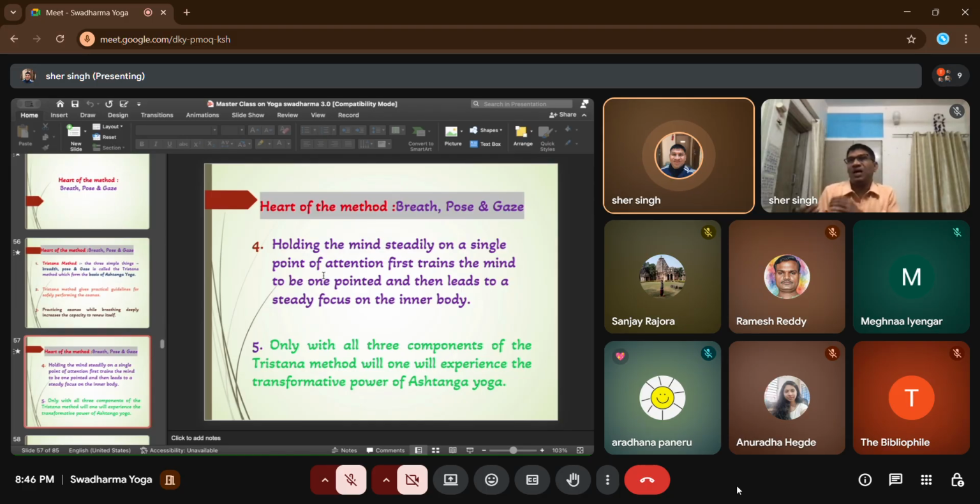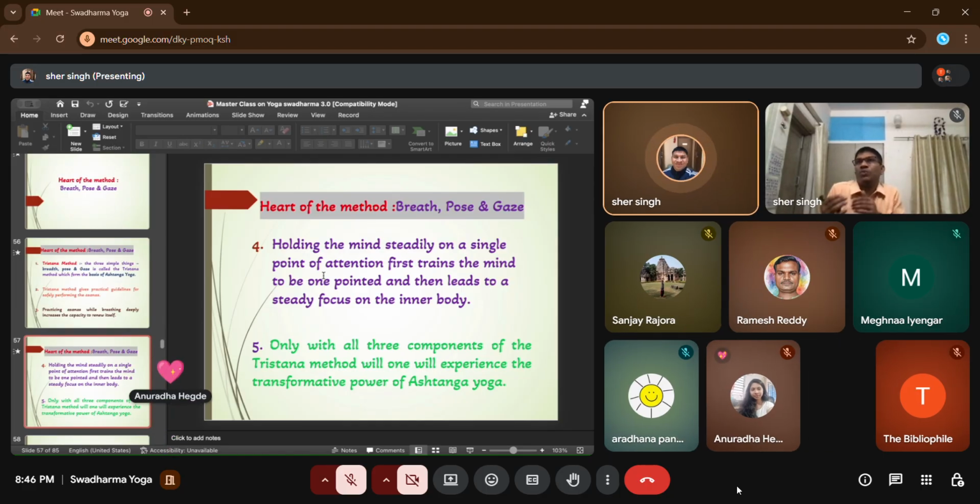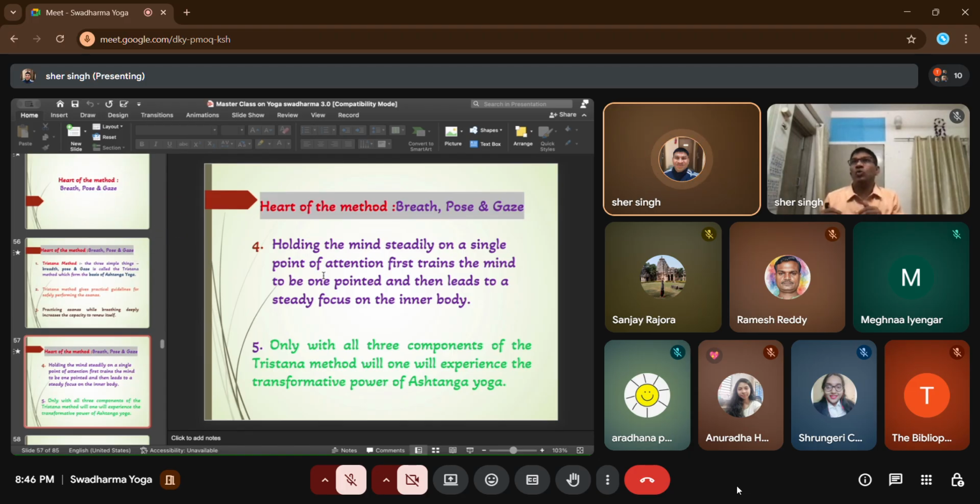When we focus on breath and gaze, what is the result? When we finish the practice, we feel energized rather than exhausted. I have felt this many times. So this is the beauty of this practice.